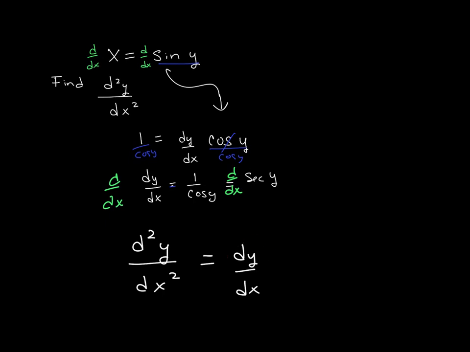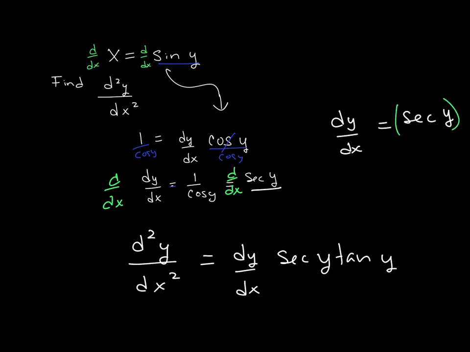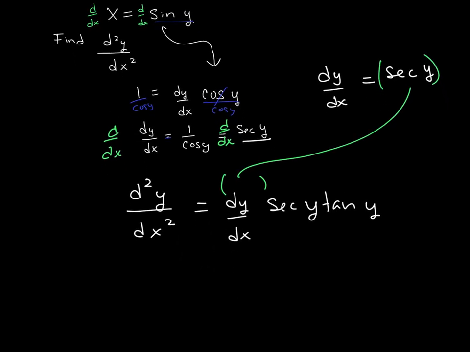The derivative of the secant of y is the secant y tangent of y. Then I go back up to what I know. I know from the beginning that dy/dx was equal to the secant of y.